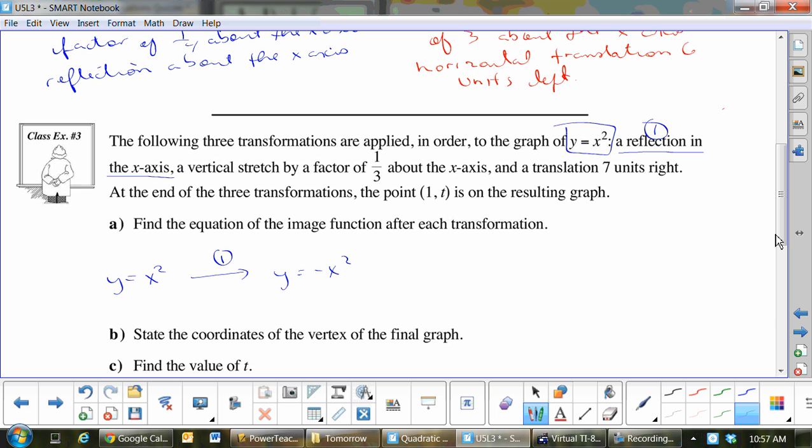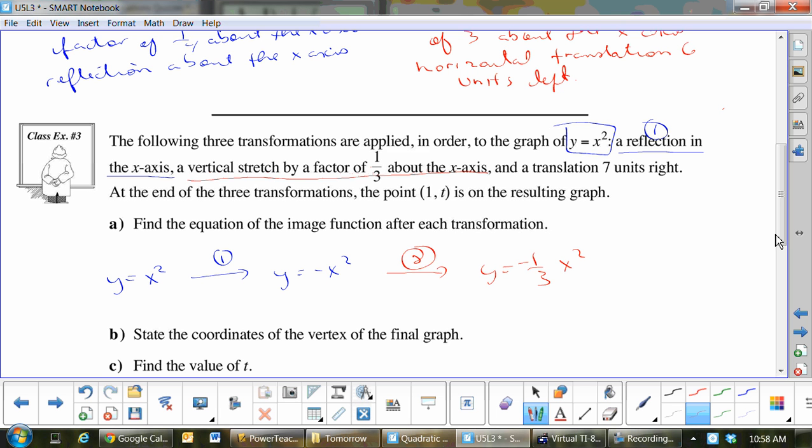Okay. Next. Followed by a vertical stretch by a factor of 1/3 about the x-axis. Okay, let's get someone else. What would it now look like? Yes. Good. So after number 2, it will be y equals negative 1/3 x squared. Okay, and then a translation, 7 units right.